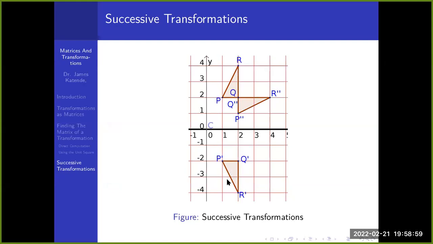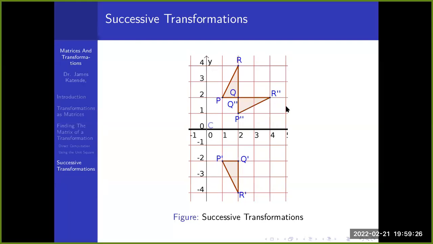Then we have the intermediate one, which is this one down here, and then the final image. I didn't change the colors. Maybe I should have, but this P prime, Q prime, and R prime is the intermediate. Then P double prime, Q double prime, and R double prime will be the final image.